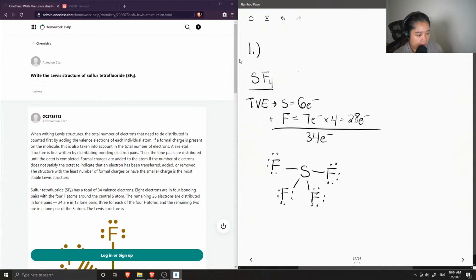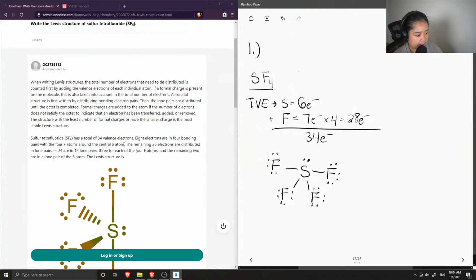So all we need to draw are 2 more electrons, and I'll draw them on the sulfur atom so that the Lewis structure now looks like this. Okay, so this is correct, and let's see what the junior tutor said.